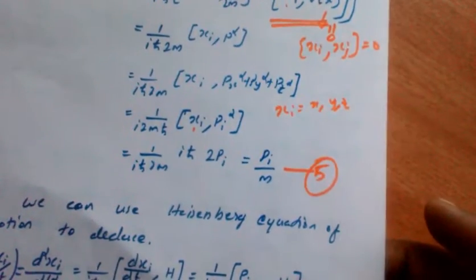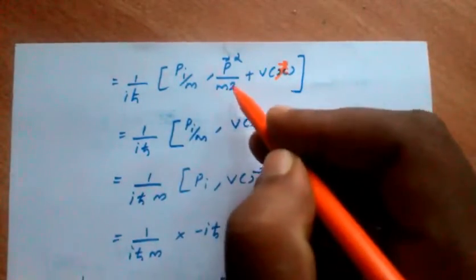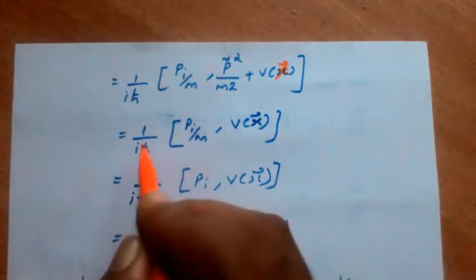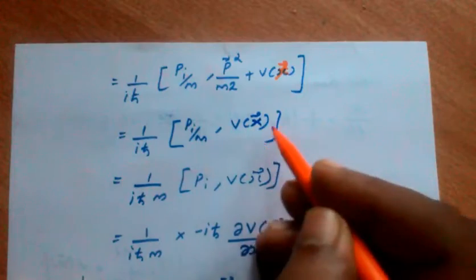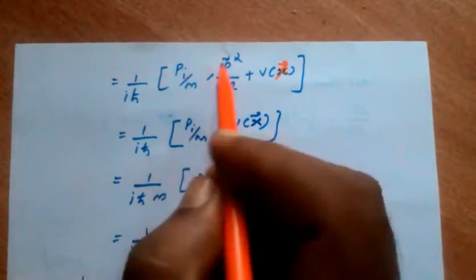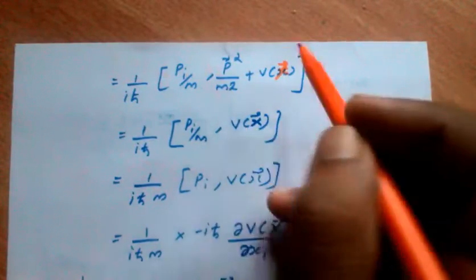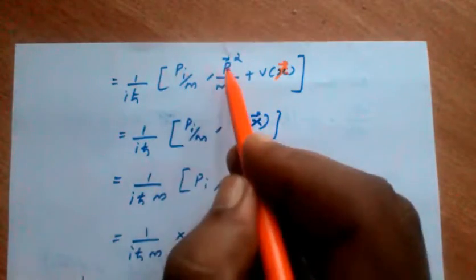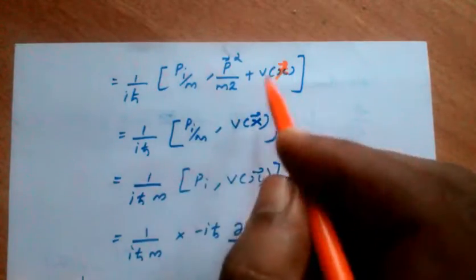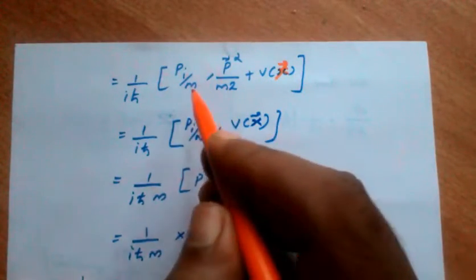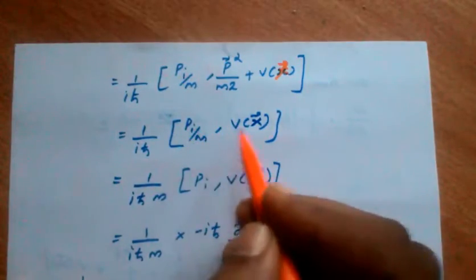That equals 1 over iħ [pi over m, p² by 2m + V(x)], which equals 1 over iħ [pi over m, V(x)]. The first term, pi over m with p² over 2m, are both functions of momentum, so they commute, and the only remaining term is pi over m with V(x).